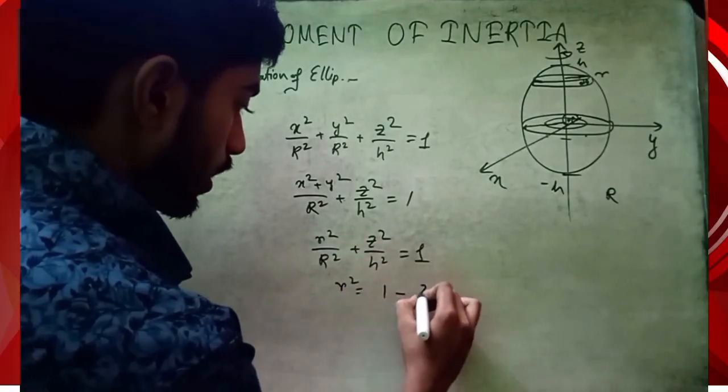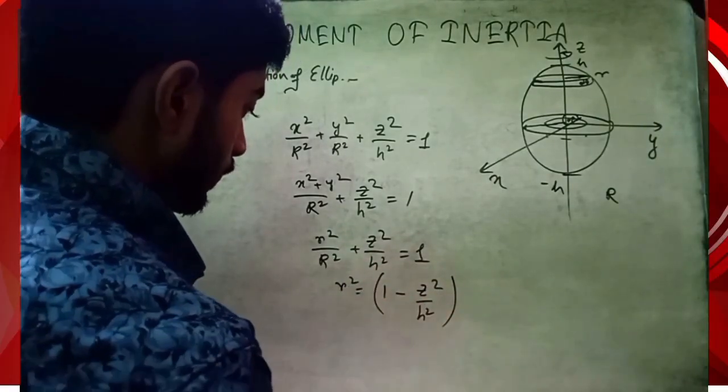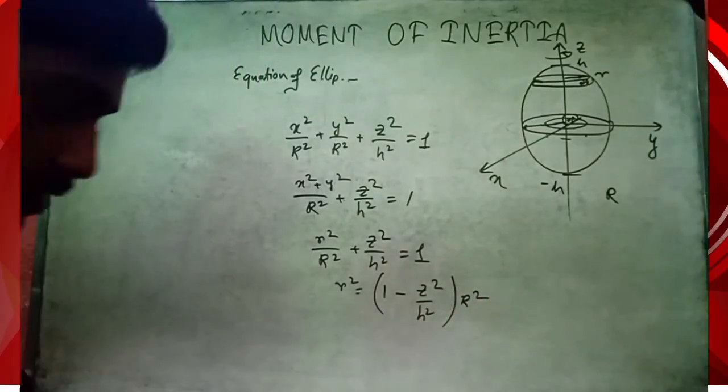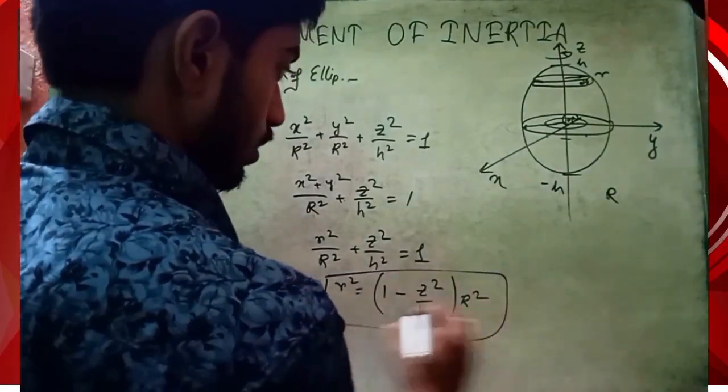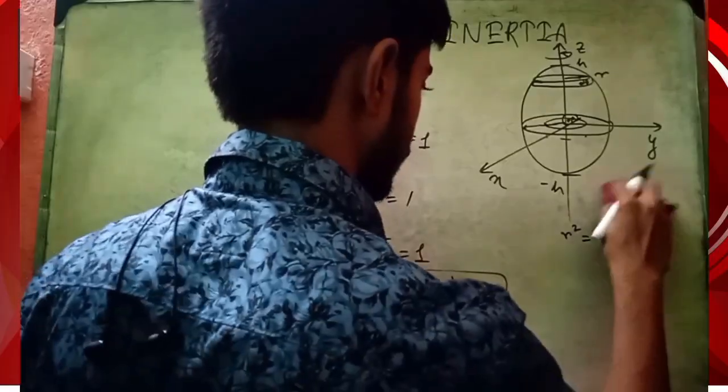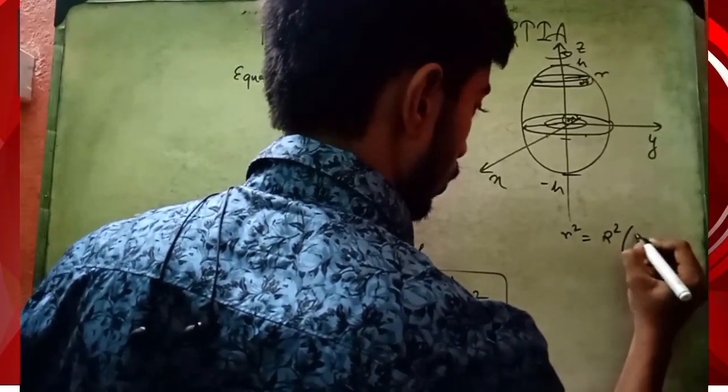Small r square is 1 minus z square by h square into R square. Okay, so write down this side, r square equals R square into 1 minus z square by h square.